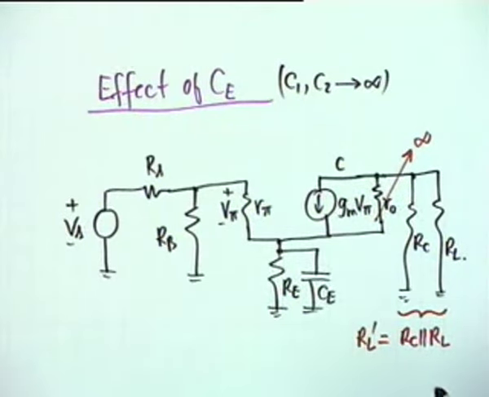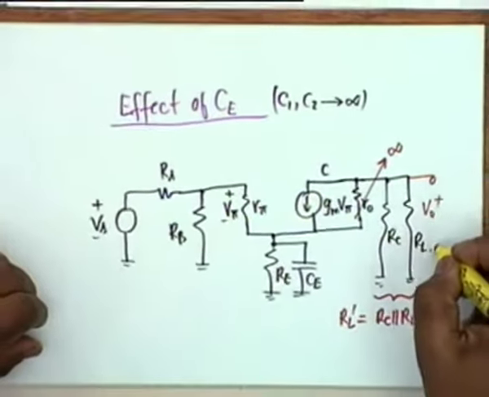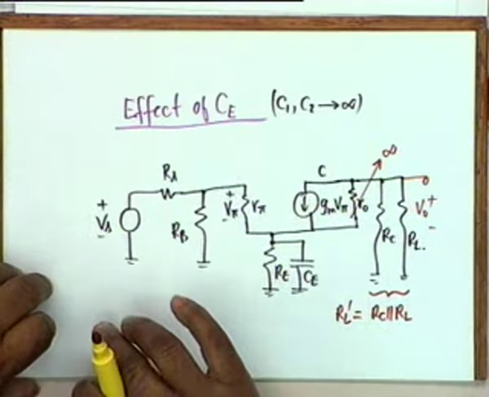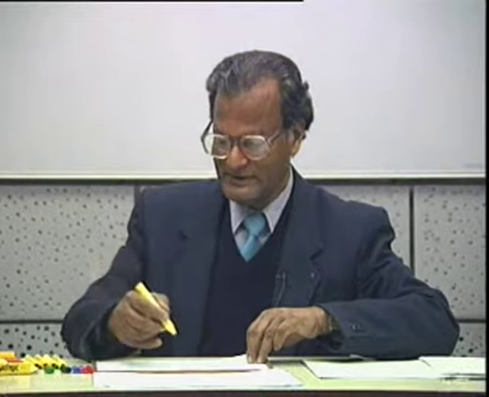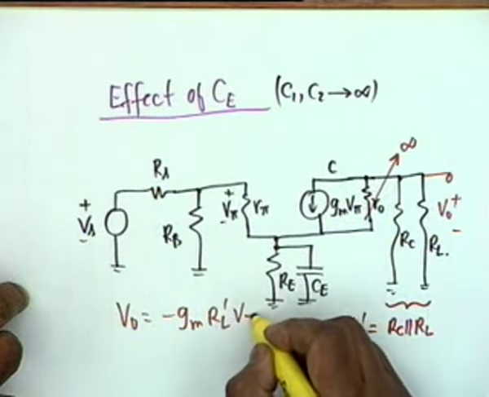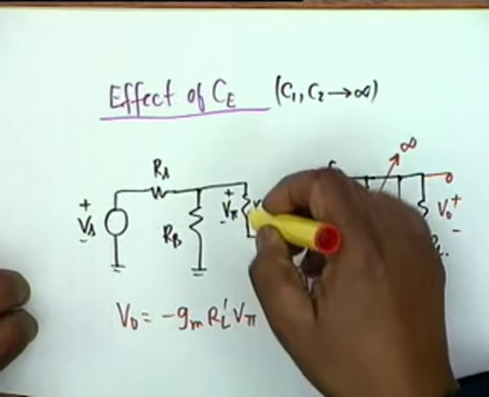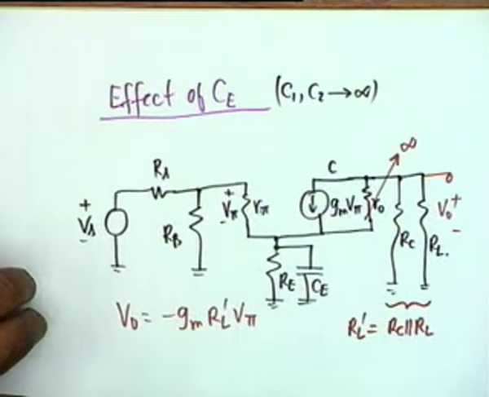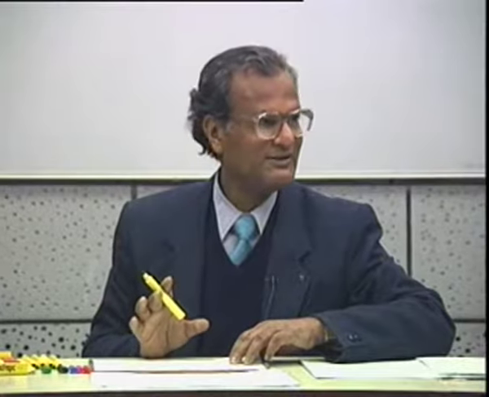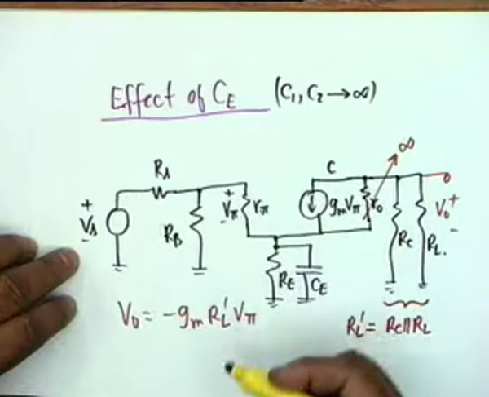Now things become a little simplified, because then V0, as you can see, is still equal to minus GM V pi RL prime. V0 is minus GM RL prime V pi. So what you have to find out is V pi divided by Vs. However, no simple potential division occurs anymore, because there are two resistances here.